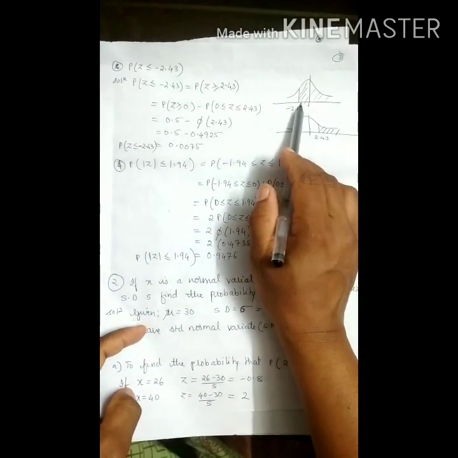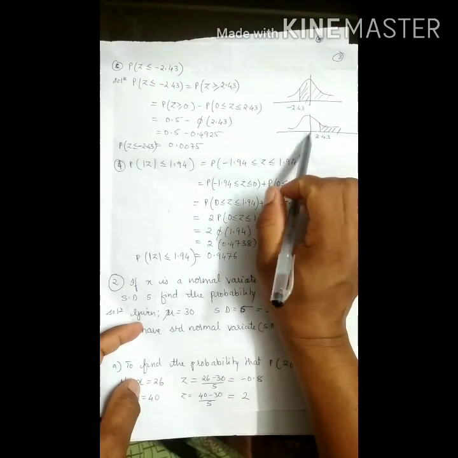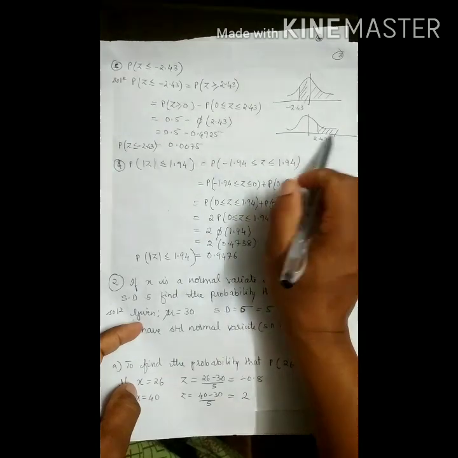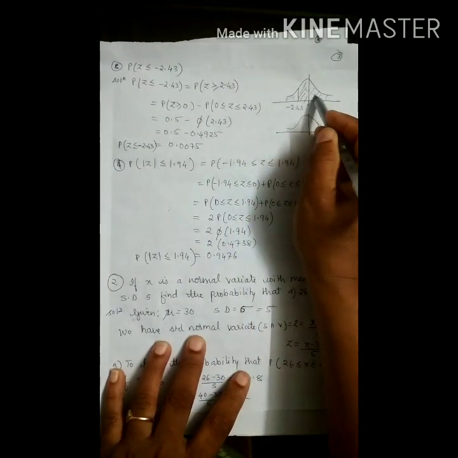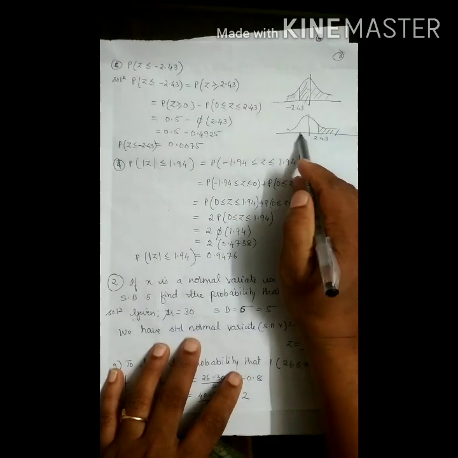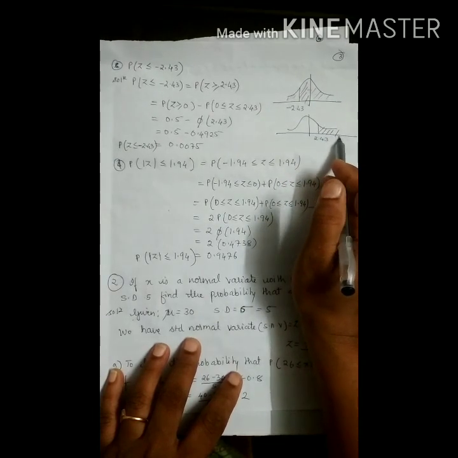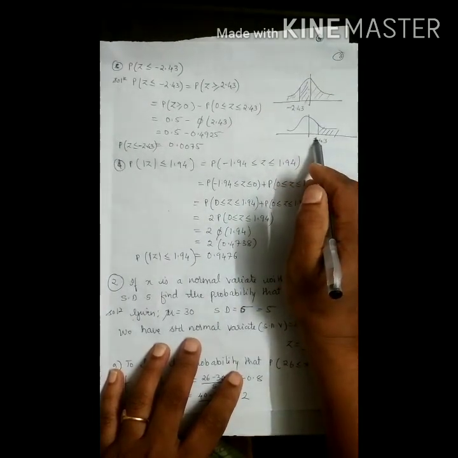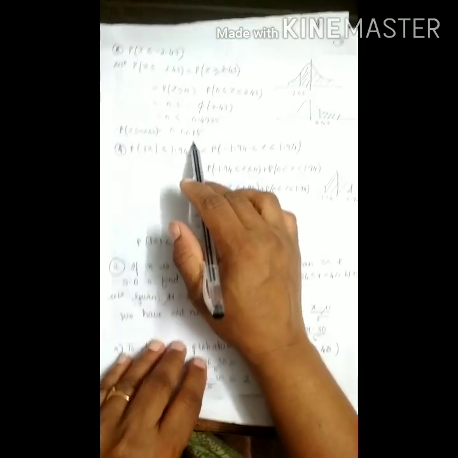From the given, less than or equals to minus 2.43 was this region. Now greater than or equals to means above here, so the area is this side. The whole area minus this area gives me this area. So 0.5 minus phi of 2.43 will give us our required value.